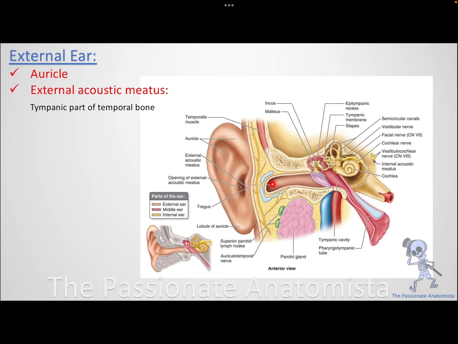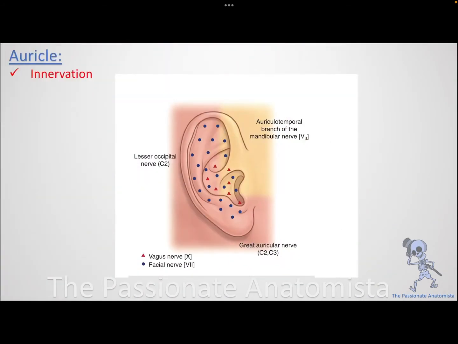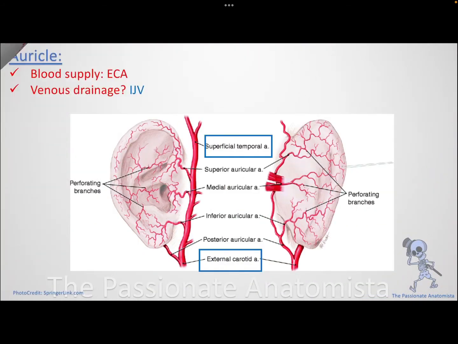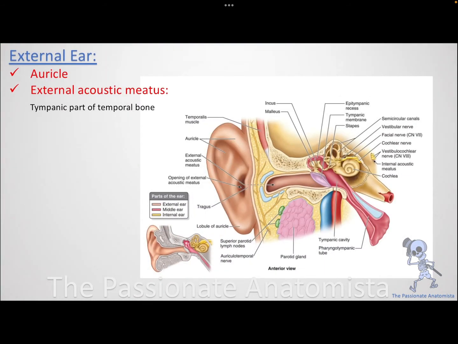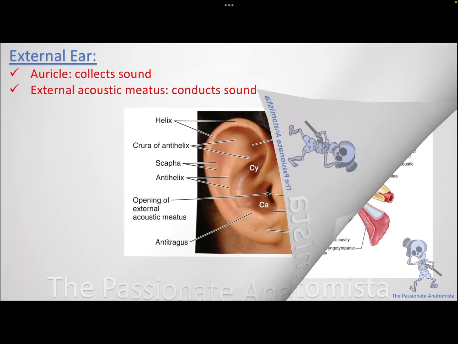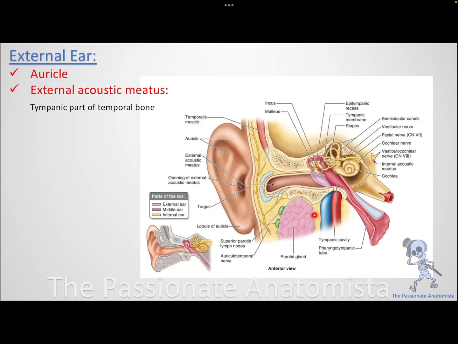The external acoustic meatus is formed by a cartilaginous part and a bony part. Where's, hold on, I think I skipped one picture. Is it? No, maybe it's written somewhere else. If you guys look at the external acoustic, yeah, I'm moving into the innervation of the auricle, and then we're gonna talk about the external acoustic meatus.